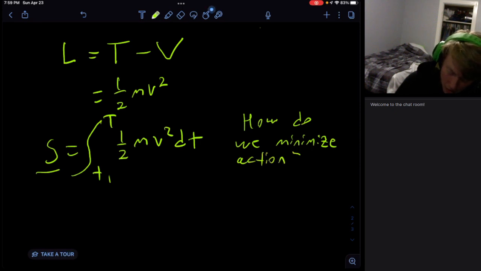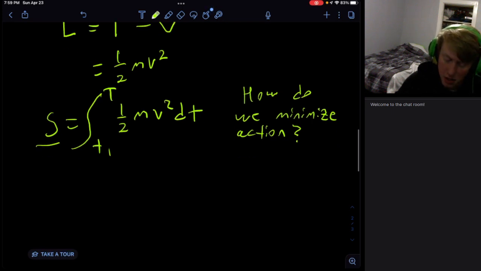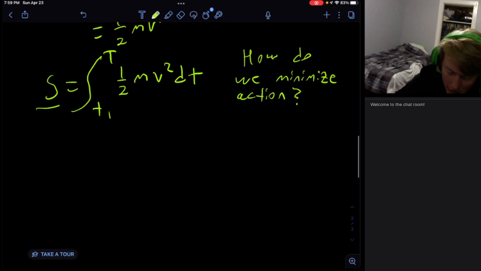Well, kind of interesting, because I guess we could try differentiating it, which in this case might actually work because we could just treat our velocity as constant, and maybe I can even do that right now. We'd have 1/2 mv squared out here, and then we'd end up with something like t minus t1.